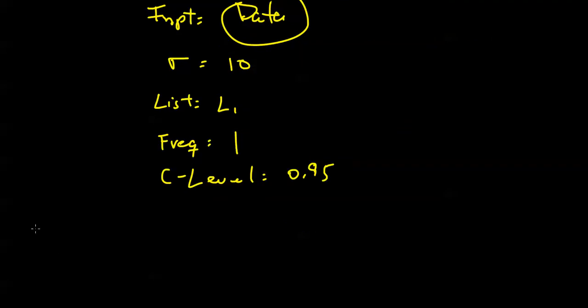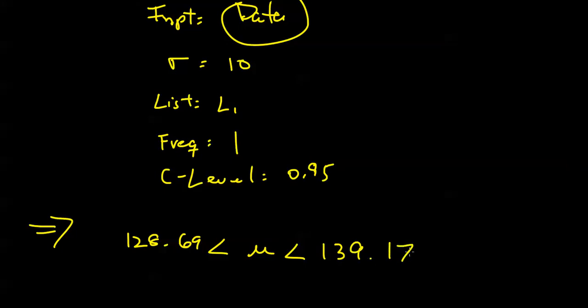Alright, so the output of the calculator, once I highlight calculate and select, I get 128.69 on the low end and 139.17 on the high end.